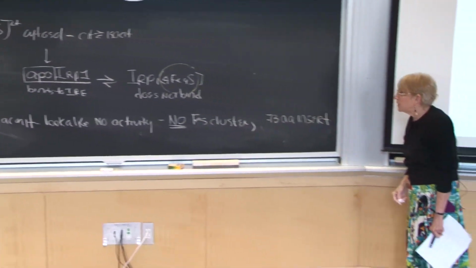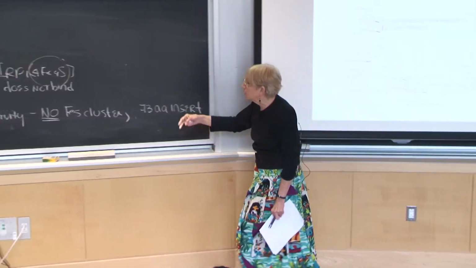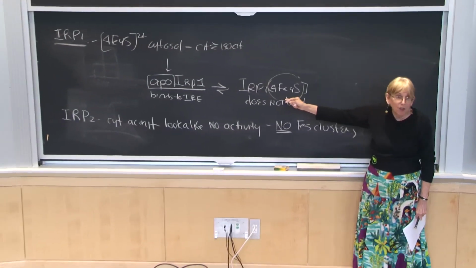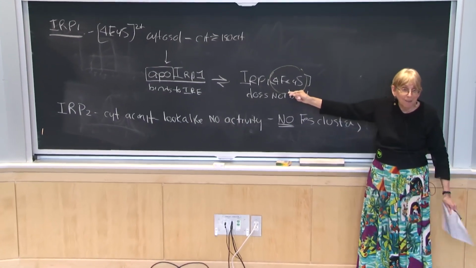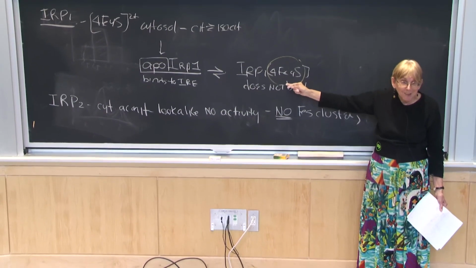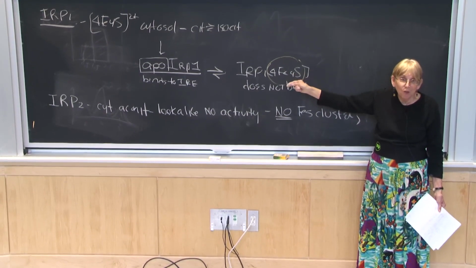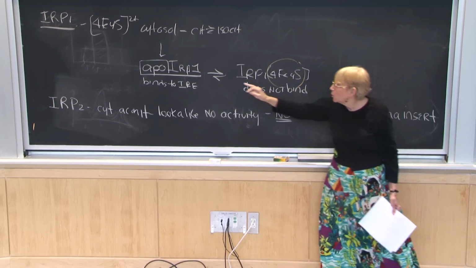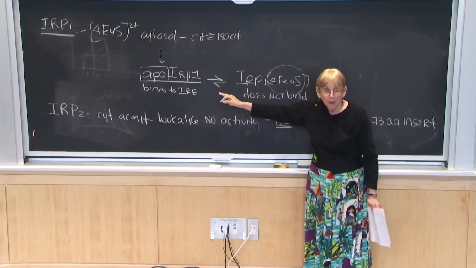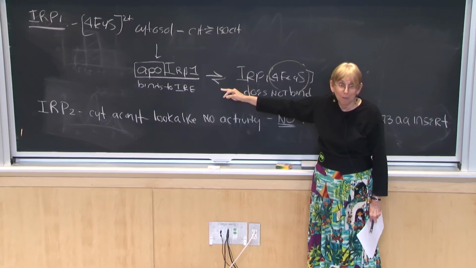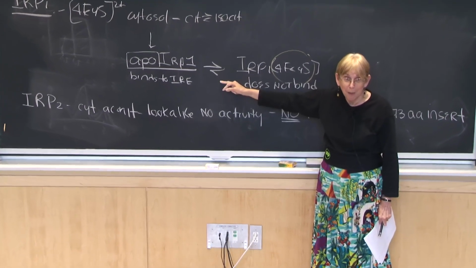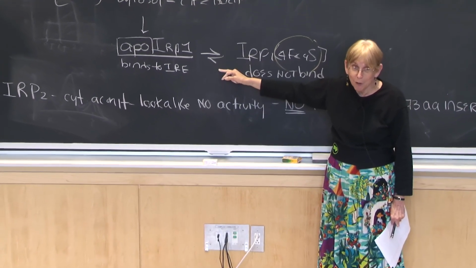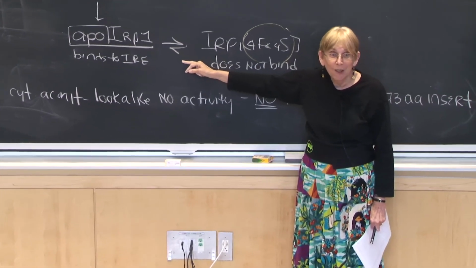Okay. But now this raises the question. Superficially, you can understand that you might be able to sense iron because you have a cluster, and you can go to no cluster, and you can go back and forth. Remember, a couple of lectures ago I told you about biosynthetic pathways and showed you a picture of iron-sulfur cluster assembly.